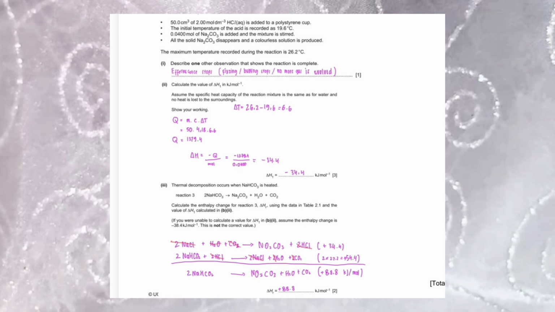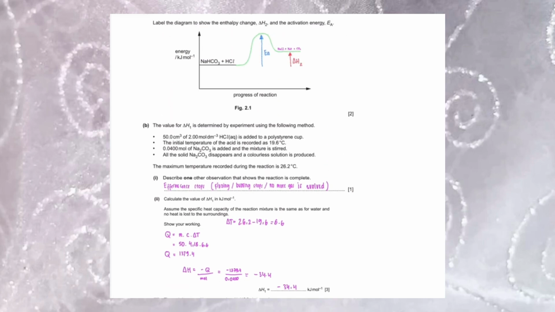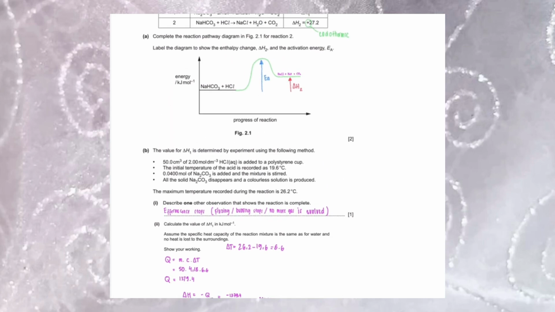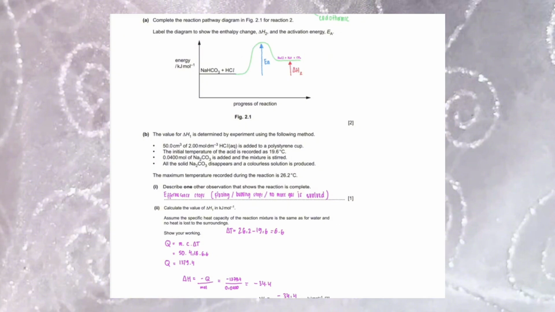B3. Thermal decomposition occurs when NaHCO3 is heated. Reaction 3: 2NaHCO3 → Na2CO3 + H2O + CO2. Calculate the enthalpy change for reaction 3 using the data in Table 2.1 and the value of enthalpy change 1. We write down the reactions from Table 2.1, but in the same order as the solution requires.